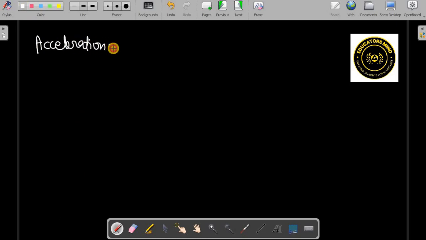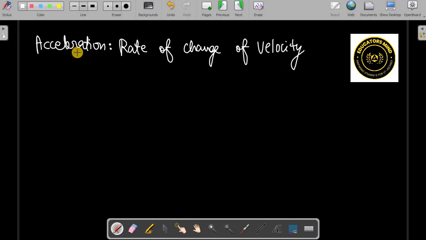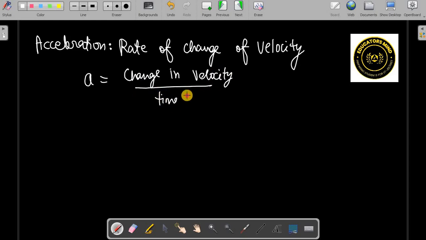What is acceleration? Acceleration is a rate of change of velocity. How velocity is changing. So acceleration can be defined as change in velocity divided by time interval.